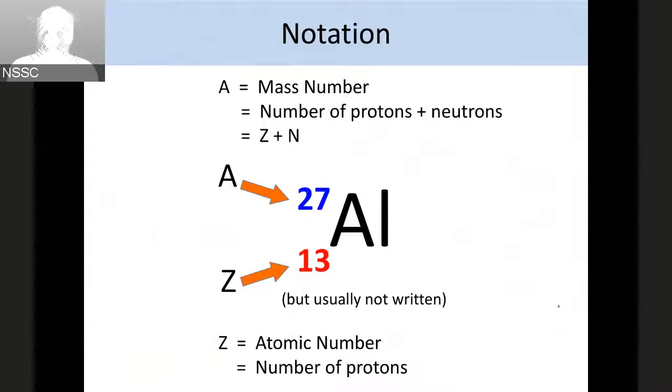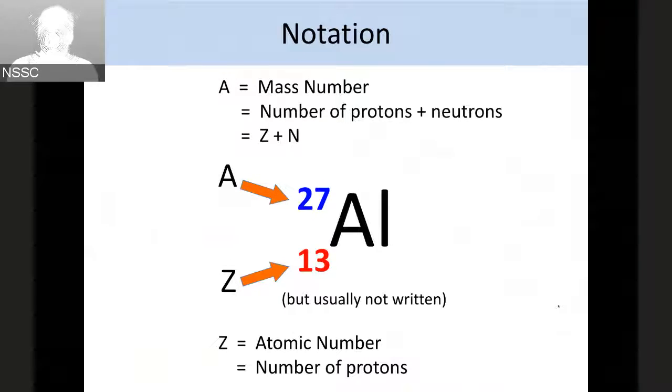You had these two things that we call generically nucleons, which is generically protons or neutrons. If we ask what the total number of nucleons in the nucleus is, it's the sum of the protons and neutrons.